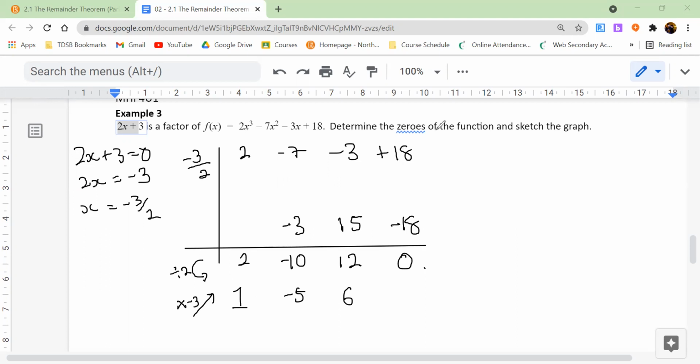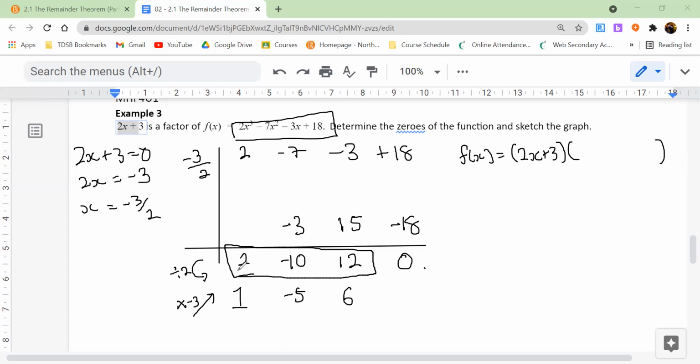Okay? Determine the other zeros of the function. So f of x, which used to be this, could actually be rewritten as 2x plus 3 multiplied by this? No. The answer is actually this. There's a reason why I asked you to write it all down whenever you divide by 2, and that is because the answer is not the number you write right away.